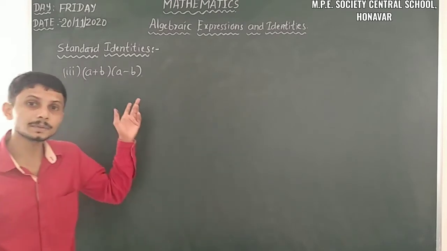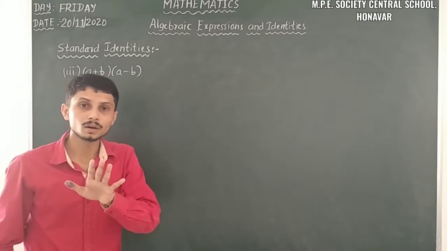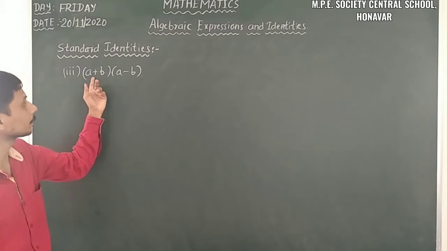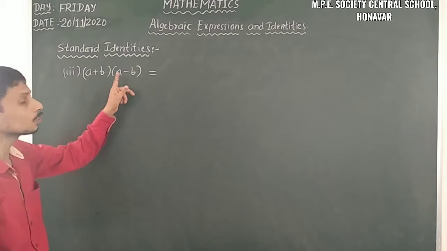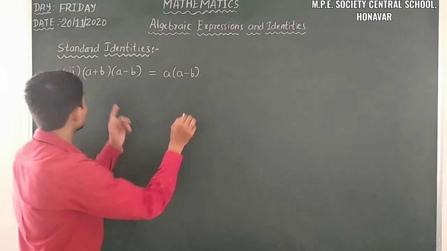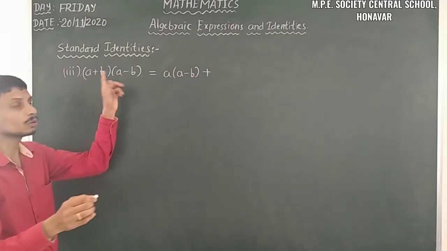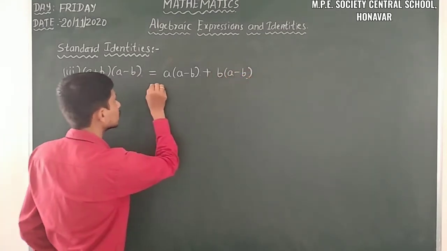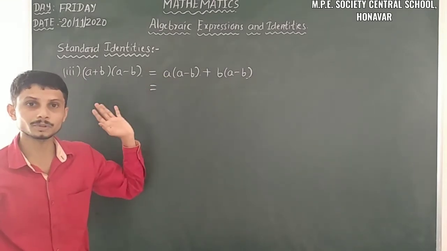So here also we have to take the same procedure. That means here it is a multiplication of two binomials. One of them we consider as a monomial and the other is a binomial. So let us take that. Here a into (a minus b), followed by the plus sign, addition, then b into (a minus b), is equal to, monomial times binomial, the same procedure.